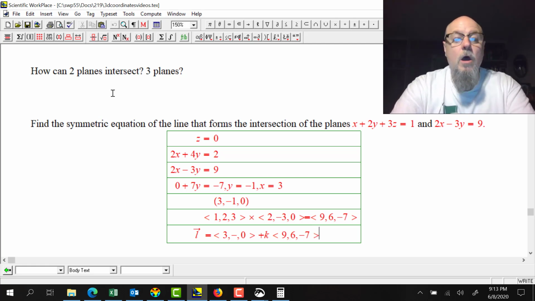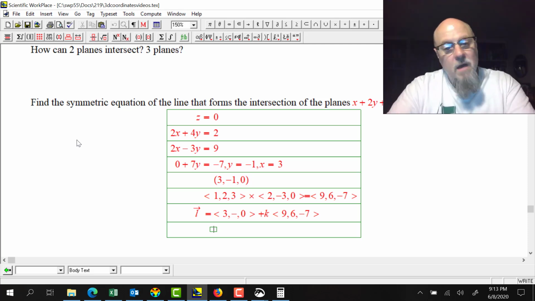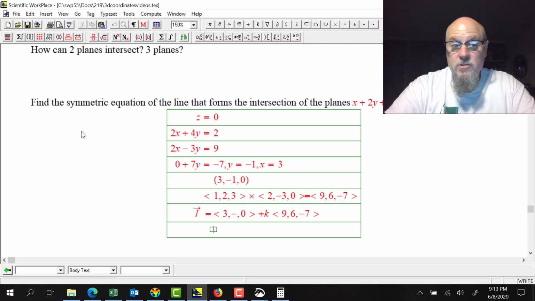That's the equation of the line, but that's the vector version, right? They asked me for the symmetric equation, so I won't get full marks for that. All the information's the same, but I have to write it in the correct way.